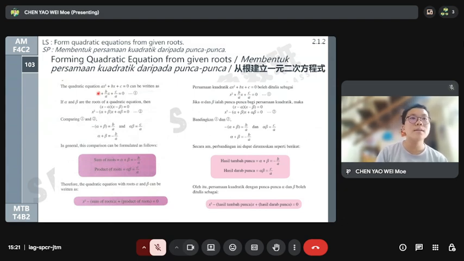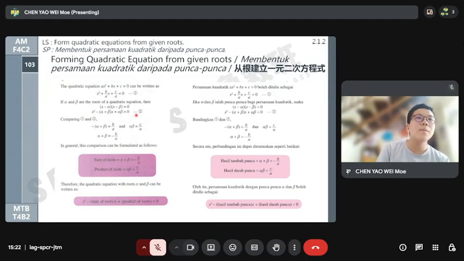And I can make it become the same answer: x minus alpha equals 0, x minus beta equals 0. So I can make these two equations become the same: x minus alpha, x minus beta equals 0. From there, I can expand it like this.